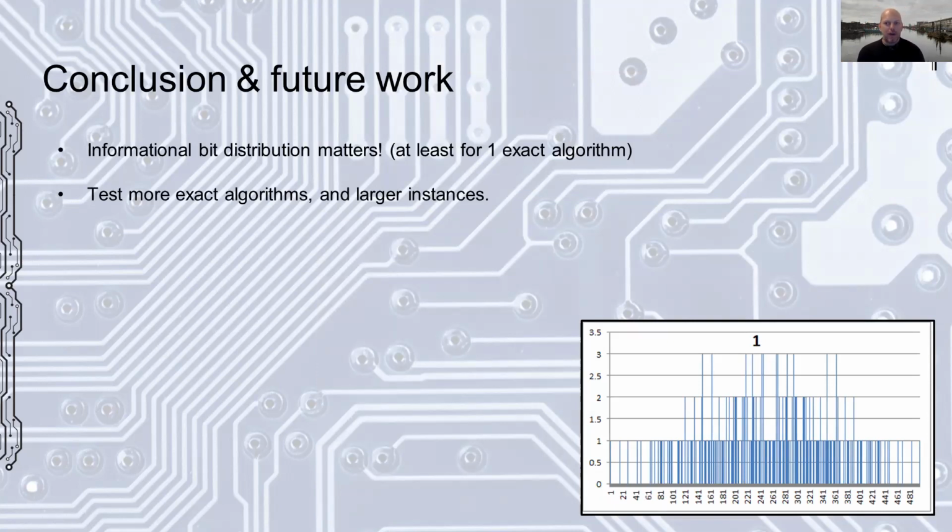But the first step, and that's a new insight as far as we know, is that it's not only the number of integers which makes this problem a hard problem, or the magnitude of these integers, but also the exact distribution of the informational bits, that's how we measured it, among these elements in the partition problem instance that influences the hardness of this problem. How exactly? Well, it intermingles the easy and the hard problems together.